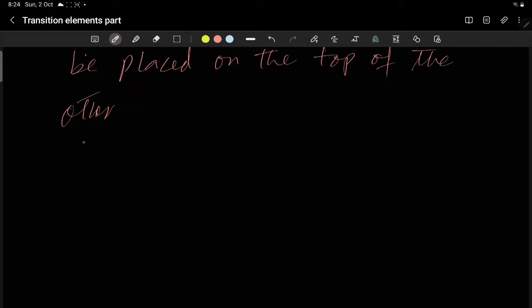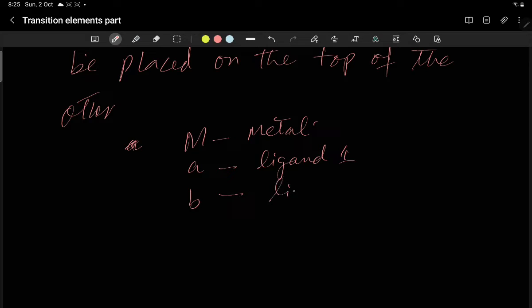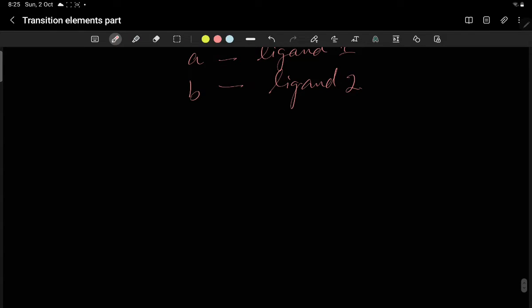So in this case, for example, if M is metal and A is ligand 1 and B is ligand 2, then there are certain possibilities.